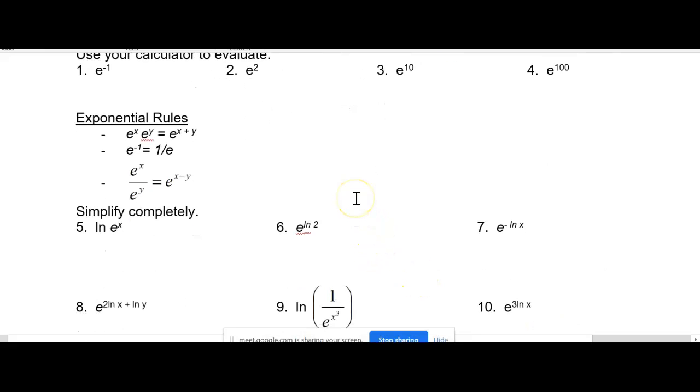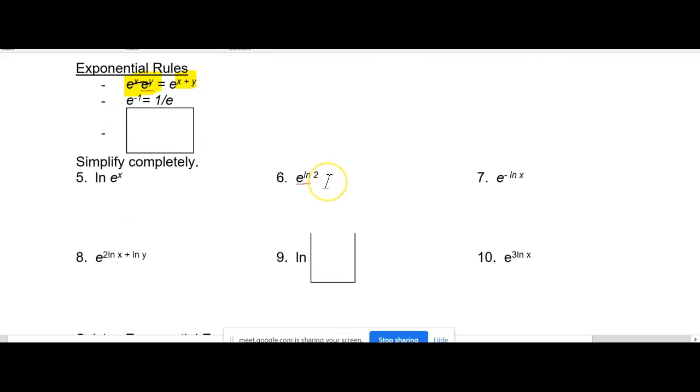Some old algebra rules that you're going to want to know. If you multiply like terms, the exponents get added. You can see all of these where it makes sense, because this is not formatting particularly well. Now let's do these. This is the whole gist of all of this, the main thing we want to walk away with today: if I take a natural log and an exponential function and write them as composites, they cancel each other out.